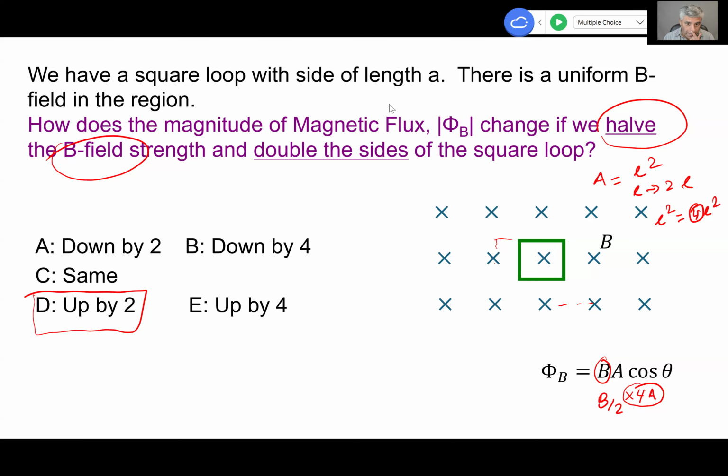Anything you'd like to add or ask here, folks? Okay, then moving on.